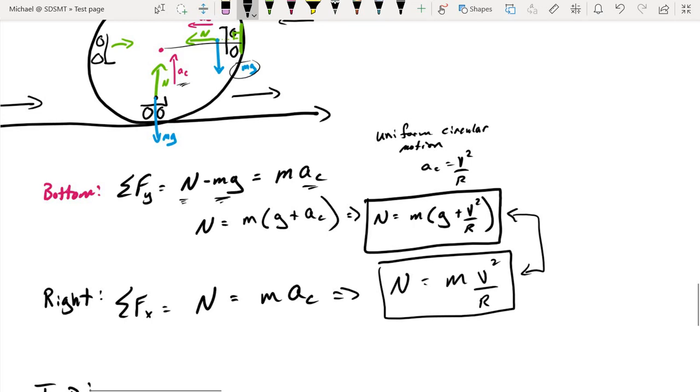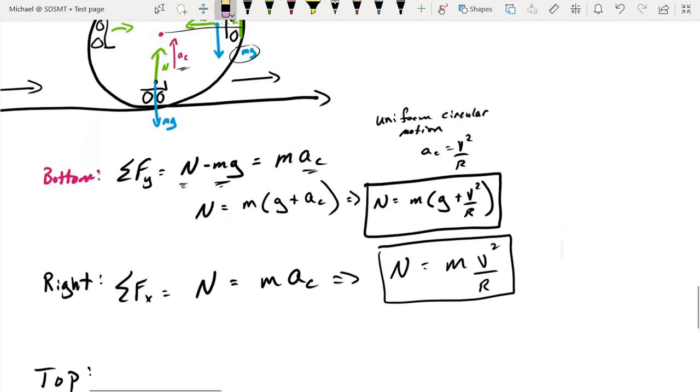This is 9.8 plus some construct here which cannot be negative. Now I've got a square term up here that can't be negative. R is the measure of the radius, that can't be negative. But then we drop down here and now I just have m v squared over r. So our normal force has weakened a little bit.